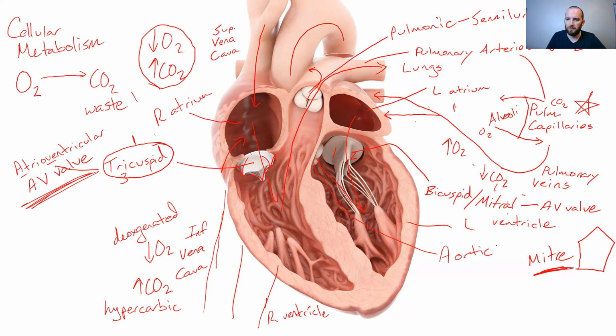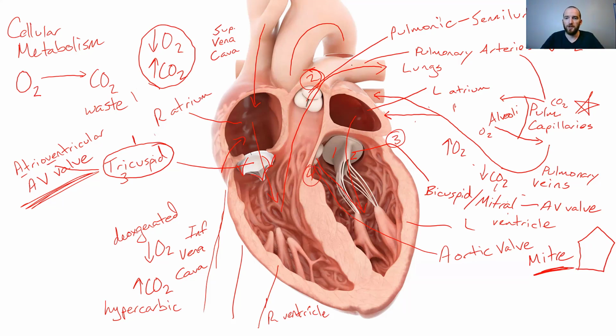And that is the aortic valve. So we've got four valves that the blood flow passes through. Right, the tricuspid was first. This pulmonic valve up there was second. This bicuspid or mitral valve is third. And this aortic valve in there is fourth.